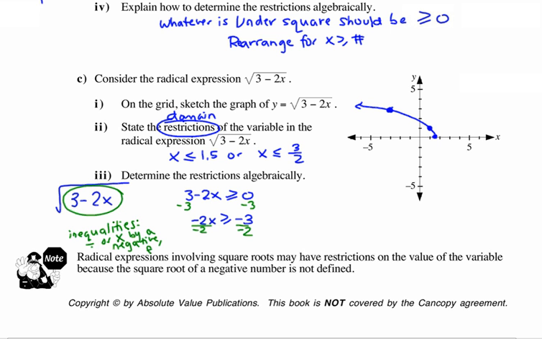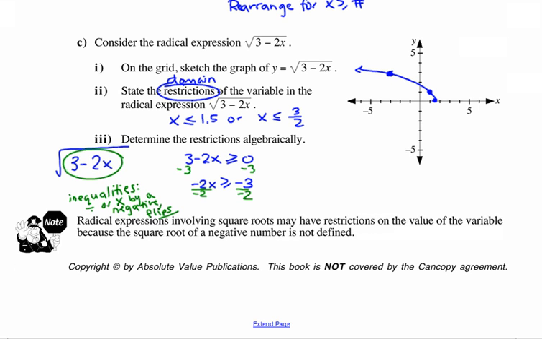It flips the inequality. So that means the negative 2 divided by negative 2 cancels itself out, so we have x. It used to be greater, now it becomes less than or equal to, and two negatives become positive 3 over 2.